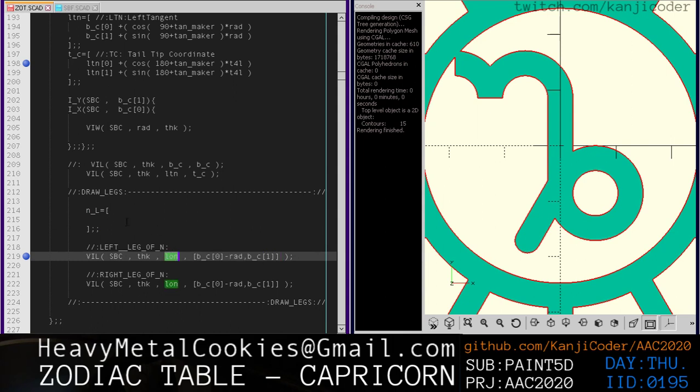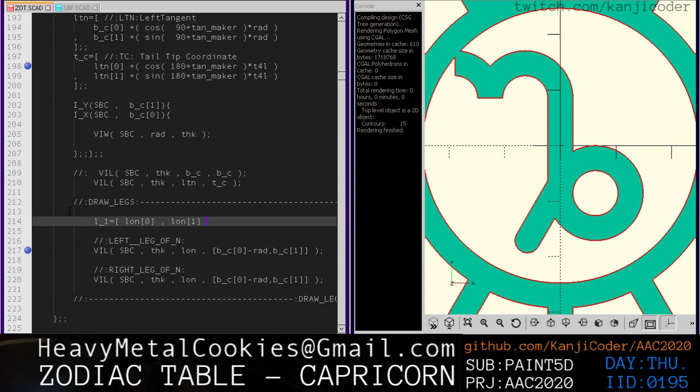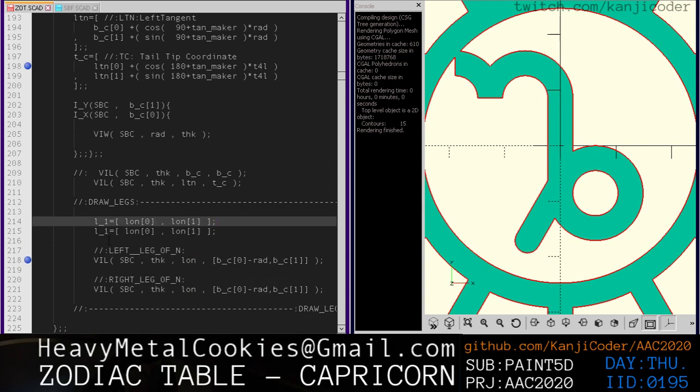Or actually, left point 1, right? Left point 1 is this. Okay, so the first point for the left, and then the left point number 2.